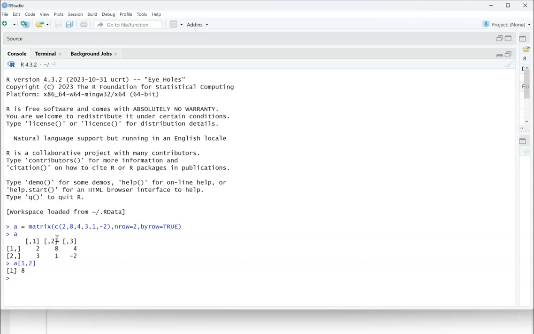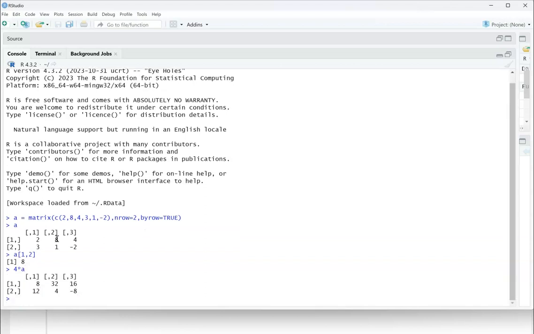Now, one quirky thing about R is that if I want to multiply it by a scalar, anytime you do multiplication, you actually have to put the multiplication symbol in there, so you need to type the asterisk. If you type 4A, it's going to give you an error. To do 4 times A, you have to use the asterisk.